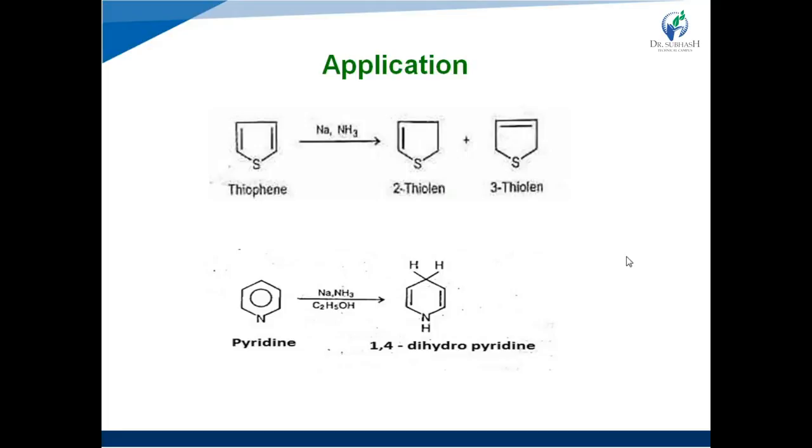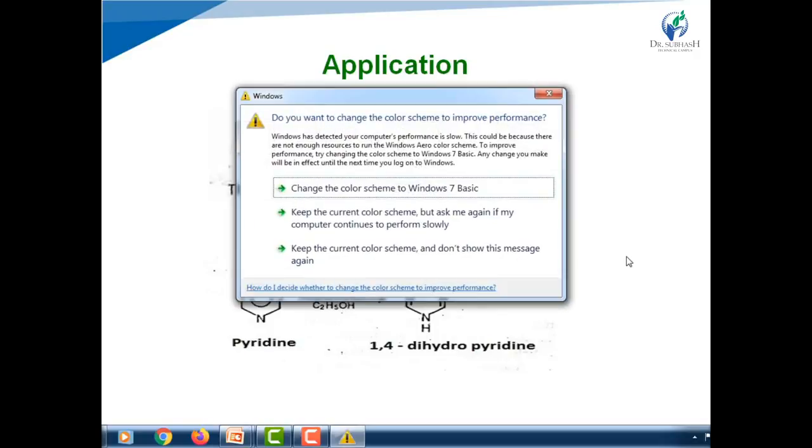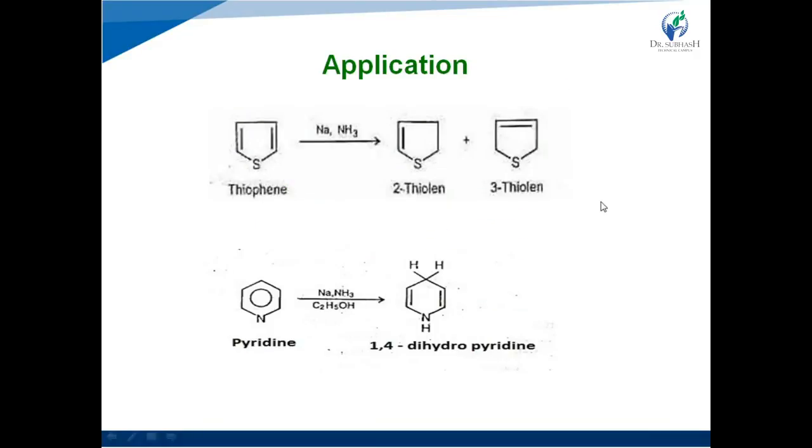For example, thiophene, an aromatic heterocyclic ring, undergoes Birch reduction and forms a mixture of products, that is 2-thiolane and 3-thiolane, right? The second example is pyridine. Pyridine undergoes Birch reduction and forms the product 1,4-dihydropyridine, right?